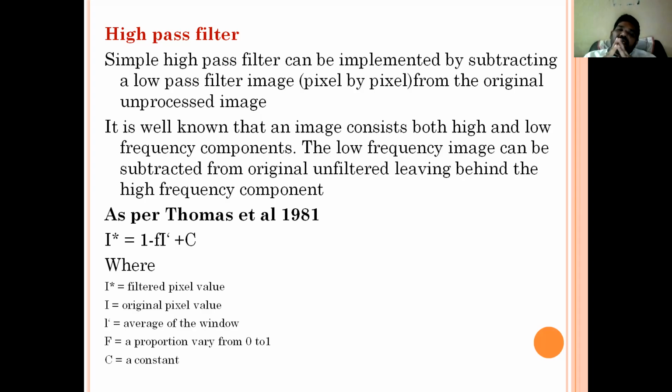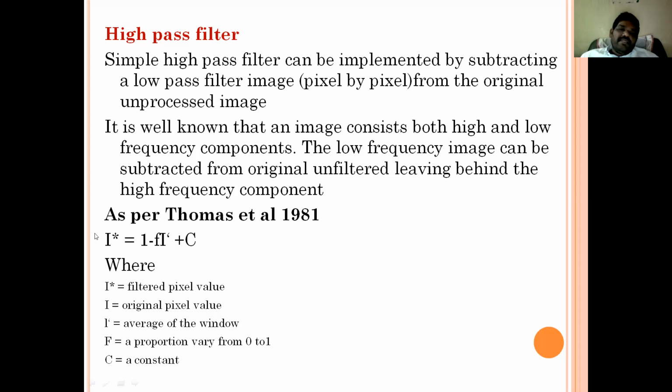Simply, as per the formula, see here: I star equals I minus f I dash plus c. Here I star is called the filtered pixel value, I is the original pixel value, I dash is the average of the window, f is a portion varying from 0 to 1, and c is a constant.